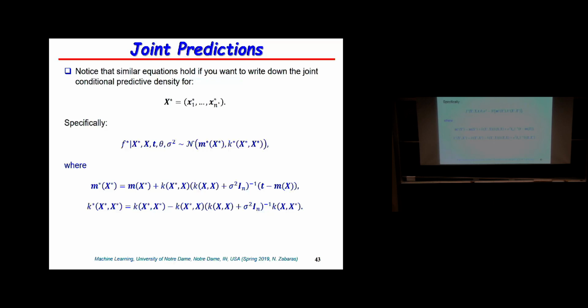If you try to invert n by n without any sophistication, the cost of this inversion will be n cubed. I remind you, when you use finite basis functions and you have n of those, the cost of inversion for regression problems is also n cubed. So if n is very big, you are not going to be able to do it, and that is a limitation of Gaussian processes.